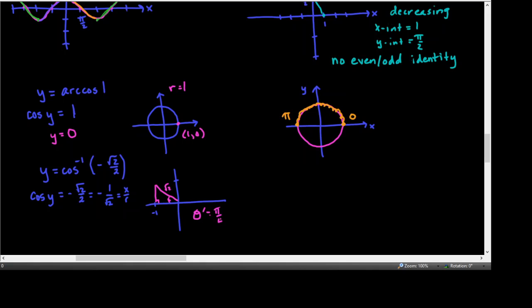And so the angle in the second quadrant that's represented here is 3 pi over 4. And so y equals 3 pi over 4. So the inverse cosine of negative square root of 2 over 2 is 3 pi over 4.